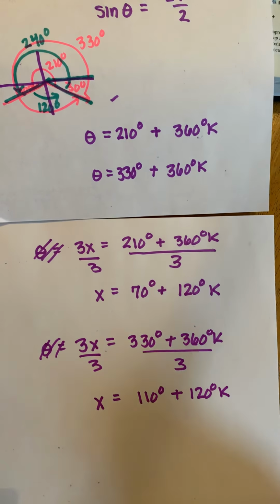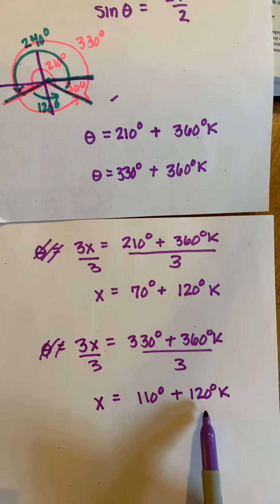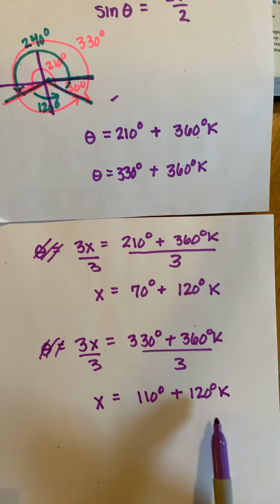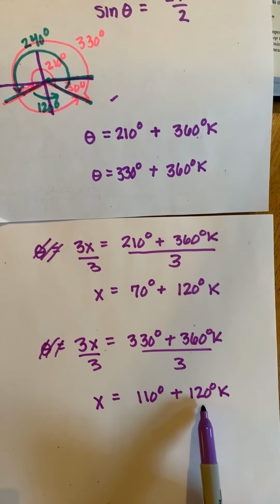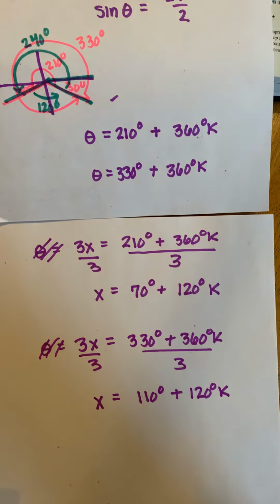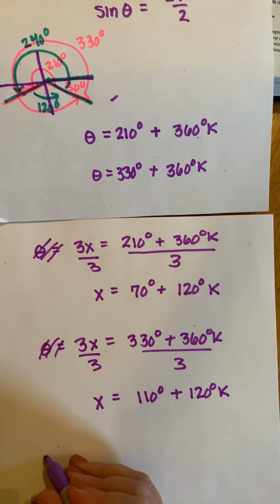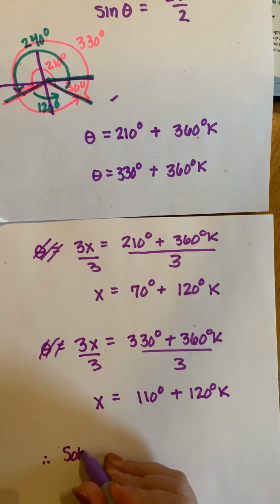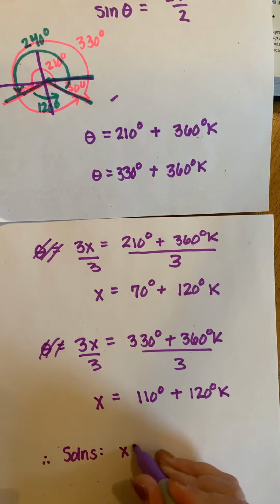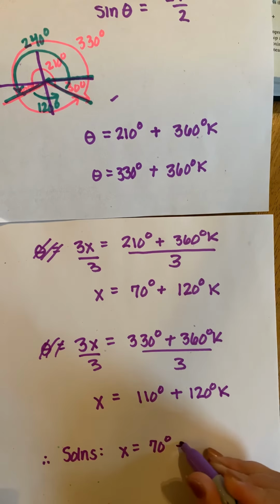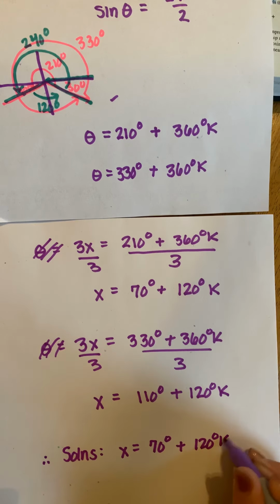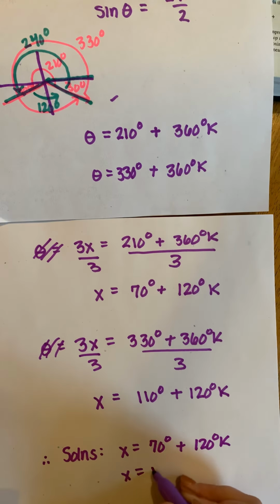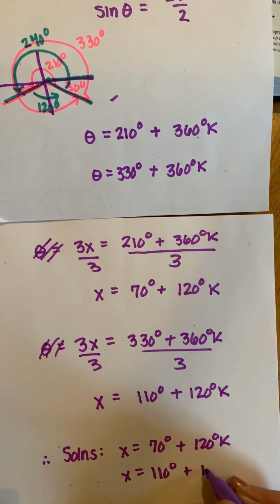So I promise you, if you take 110 plus any multiple of 120, say 2 times 120, 240, and you plugged it back into the original, you would get a solution to the original equation. So therefore, my final answer, solutions: x is equal to 70 degrees plus 120 degrees k, or x is equal to 110 degrees plus 120k.